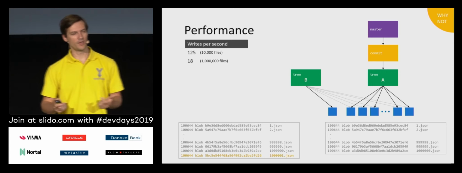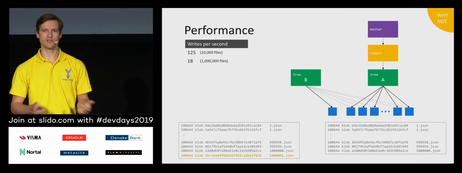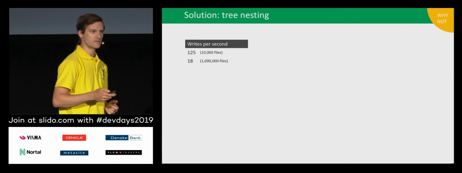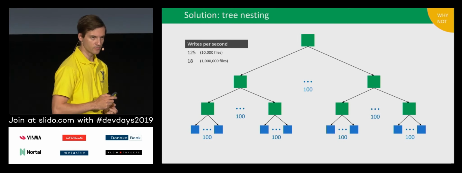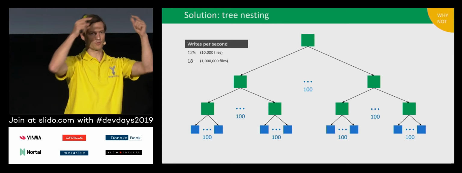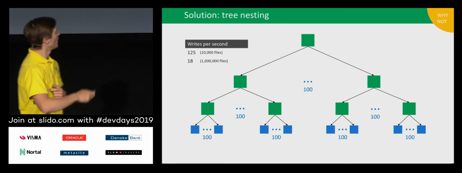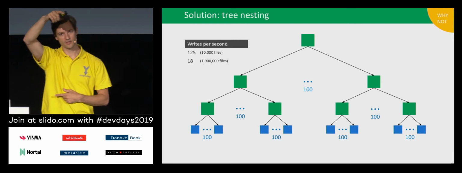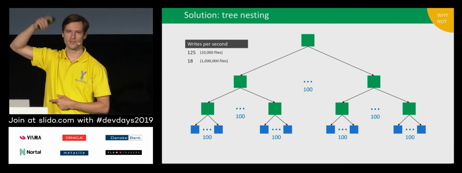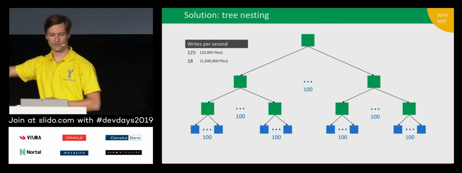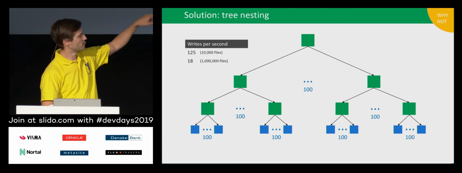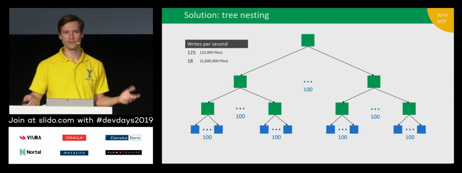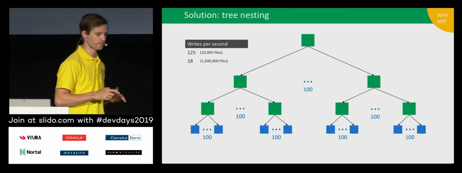So what can you do about that? Well, let's not have a tree that's 1 million files then. Let's nest our trees. So in this case we have folders with subfolders, and we have on the top one tree that contains 100 subfolders. Each one of those subfolders has 100 other ones, and 100 blobs in each of the last level ones. So I still have 1 million files, it's just that they're structured differently.